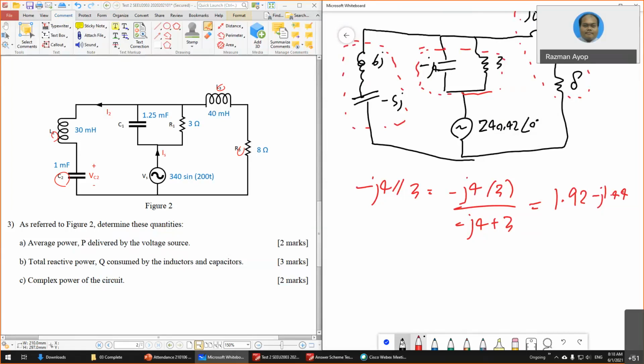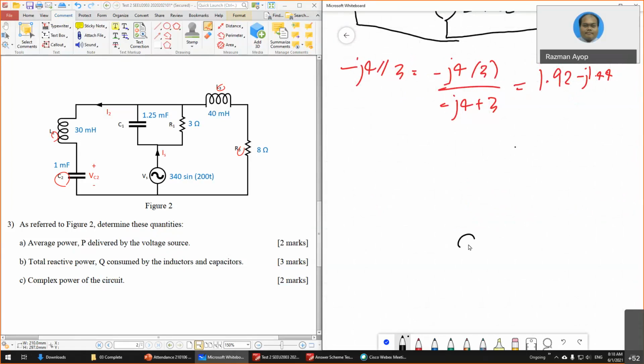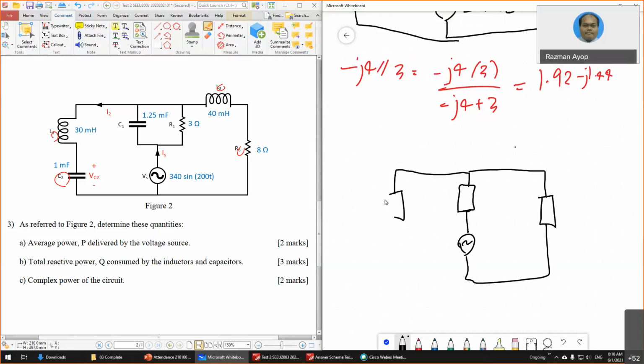I suggest you redraw again because you are still not familiar with this. So again, draw. Now for impedance, you use a box. So this one is J, Z2, this one is Z1. It is 1.92 minus J1.44. And then we see Z3, 8 plus J8.